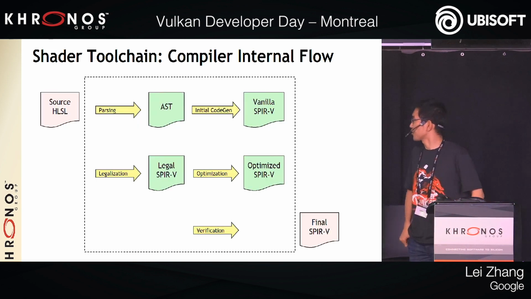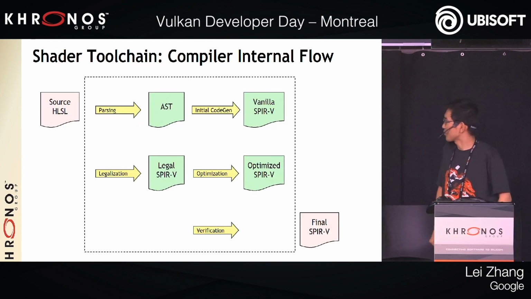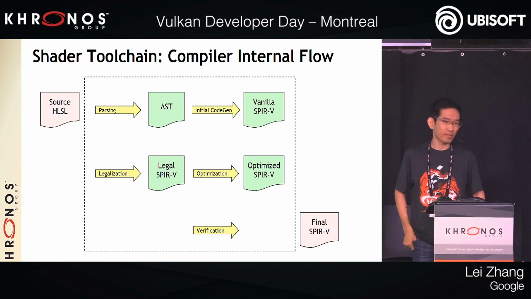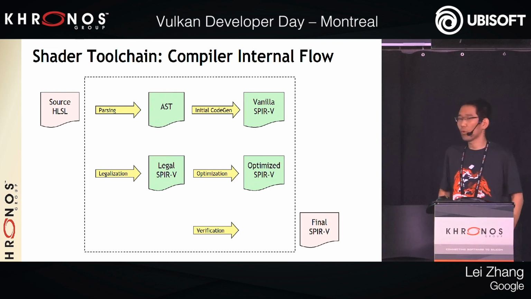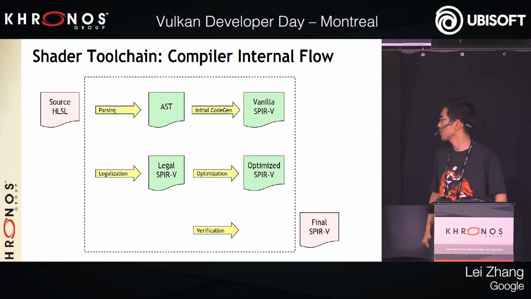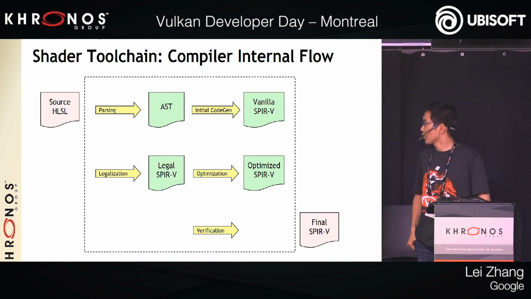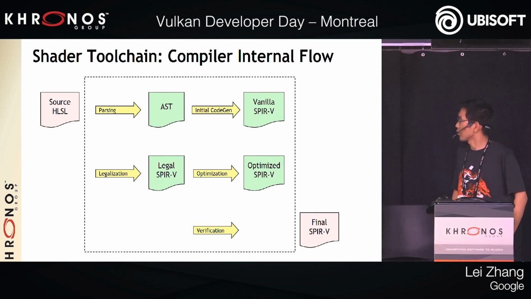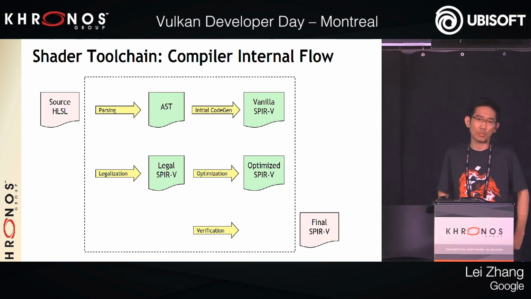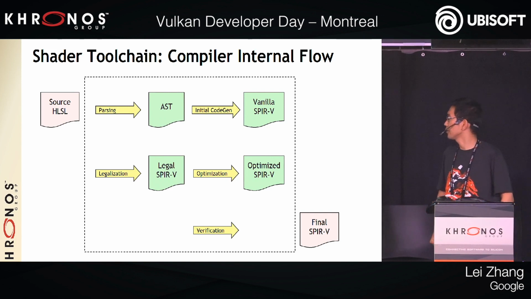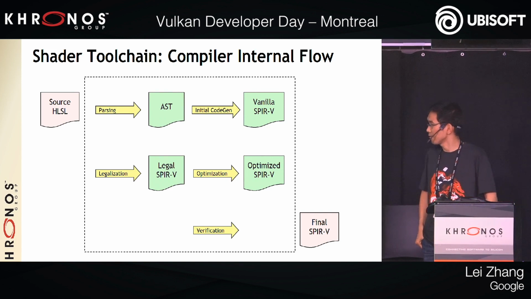Now let's dive into technical details of the toolchain. We want to provide a one-stop experience for your HLSL compilation, so you just need to invoke one command, that's it. But behind the scenes, there are multiple stages going on. Given an HLSL source, the compiler first does front-end parsing to translate it into an abstract syntax tree.